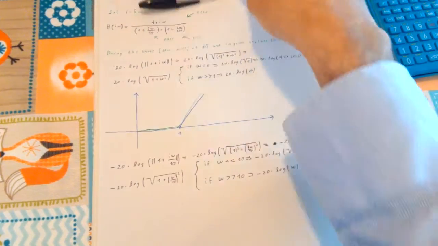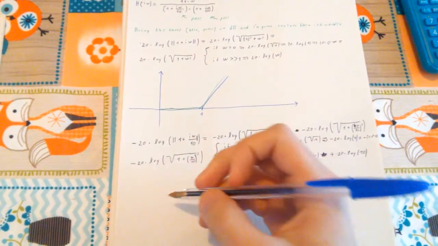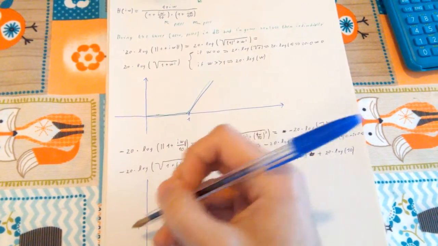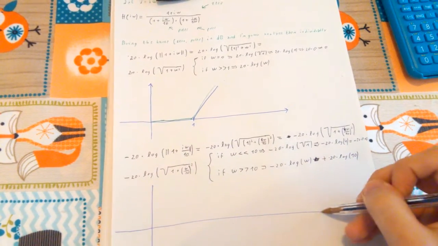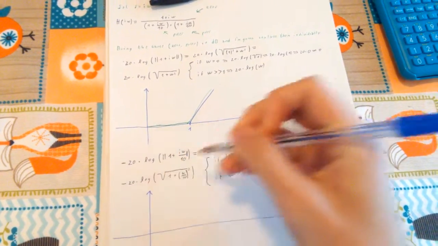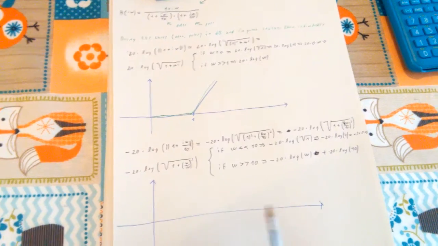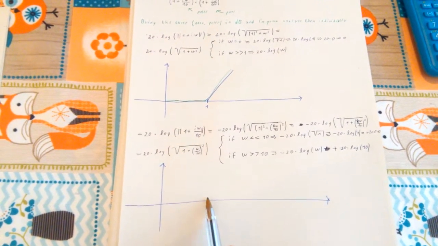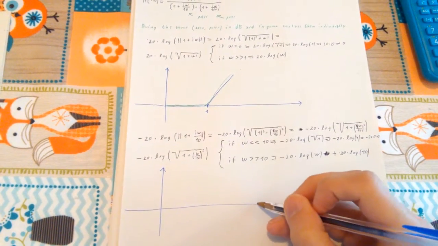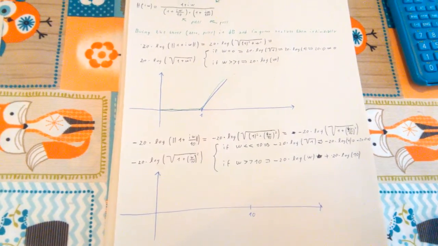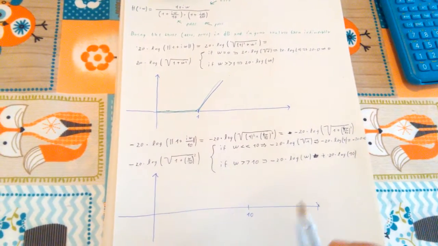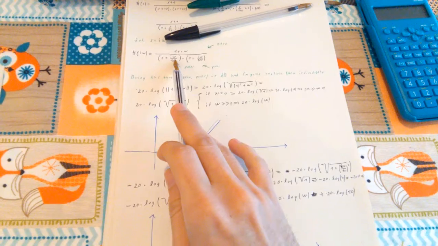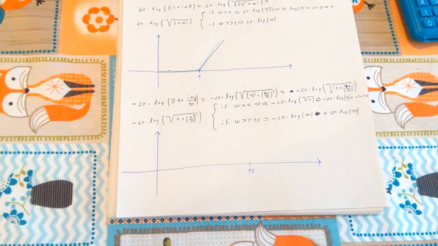So in this case, when we plot our graph, we're basically going to have this one. I'm just going to try to do it on scale. So if I just put 1 here, then 10 is going to be here. And since it's a pole, it's going to go down.